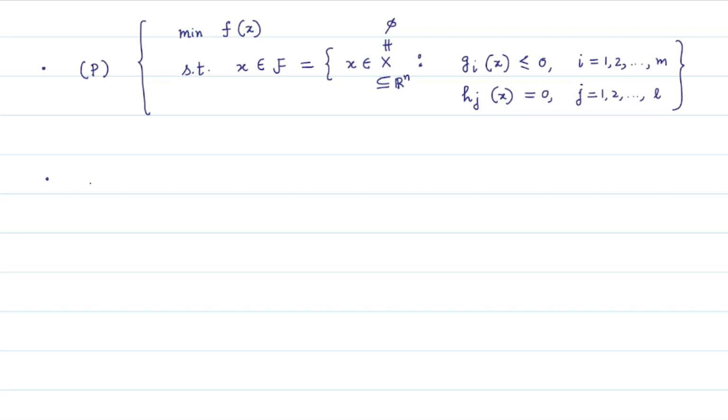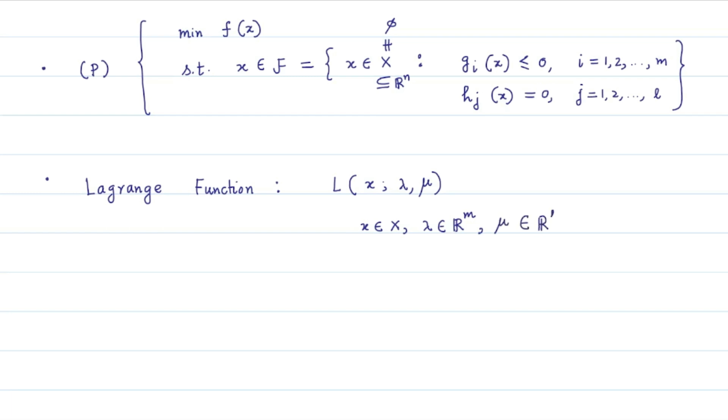Now for this constrained optimization problem, we define the Lagrangian or the Lagrange function given by L, a function of x, lambda and mu, where this x belongs to the abstract set capital X, lambda belongs to R^m and mu belongs to R^l. This m and l are the number of inequalities and equalities respectively.